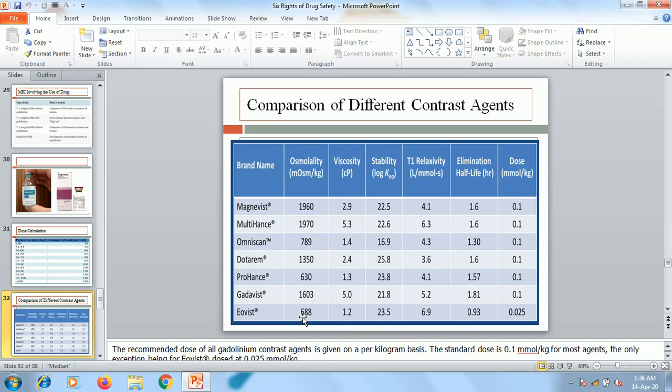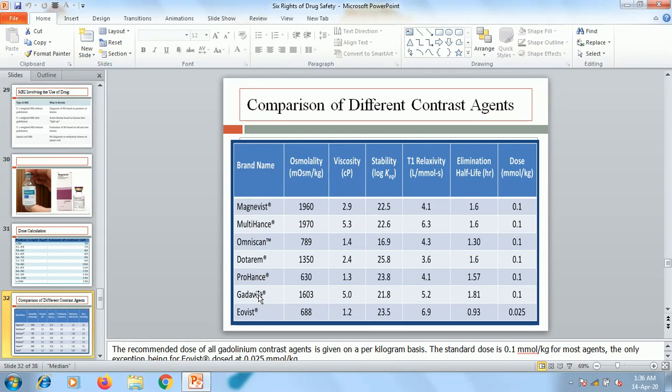Dose, here you see Eovist is a brand name that has a different dose. If this Eovist, that is 0.025, is administered in 0.1 millimole per kg. Here is the dose. By the way, these are the same drugs, gadolinium, under different brand names.